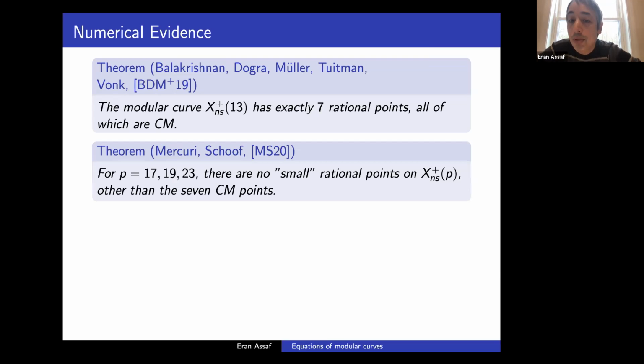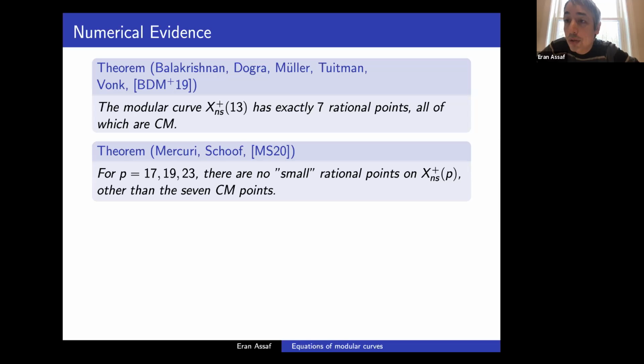For the next 3 primes, we only know that there are no small rational points on this curve. Small meaning we search in a box: we bound the numerator and denominator of the coordinates of these points, and we've seen that there are no such points.